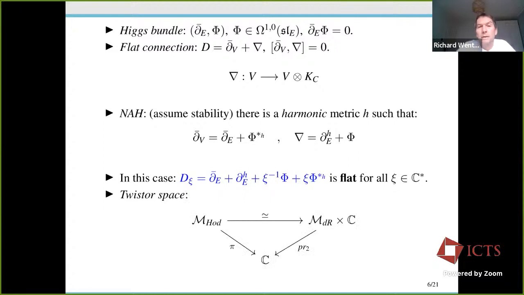And indeed, these families can be regarded as sections of the twistor space associated to the moduli space. And if we restrict that twistor space over the complex numbers, then this has another meaning. It's another moduli space known as the Hodge moduli space, which is not important for us, but I just want to say that we can think of this family as non-abelian Hodge giving us a holomorphic section of the twistor family associated to the moduli space.